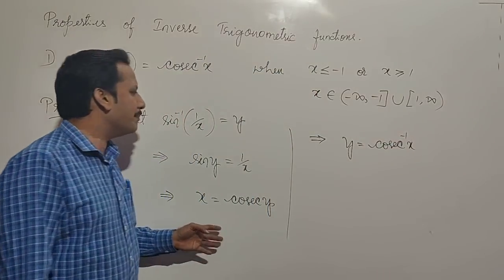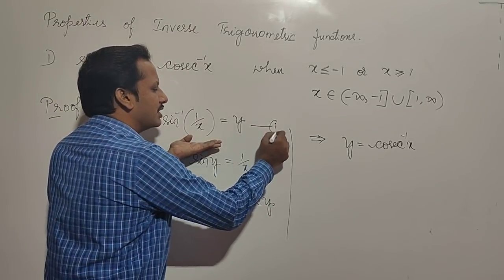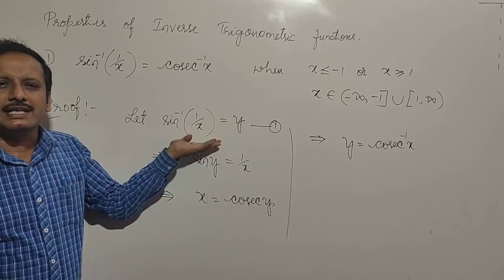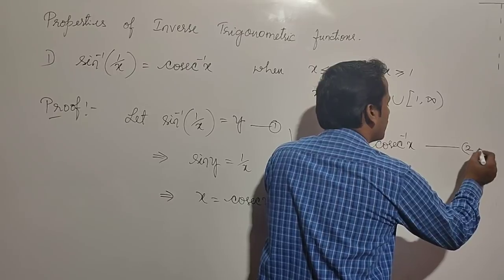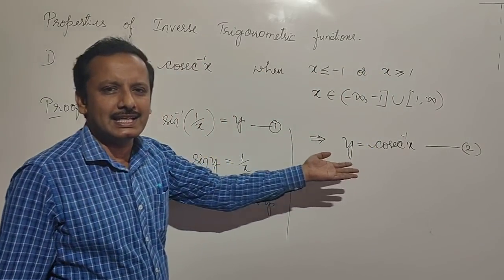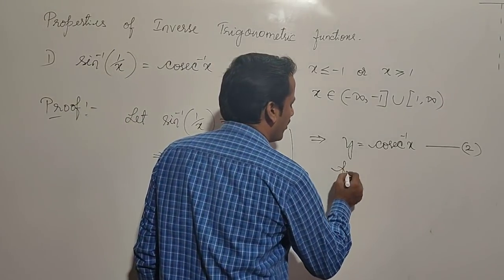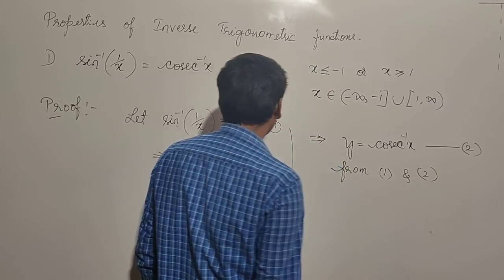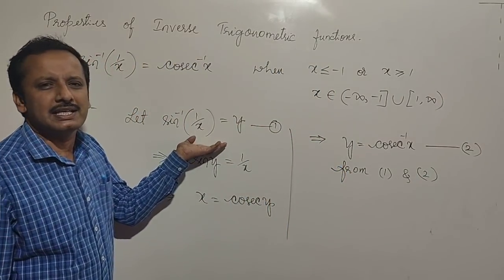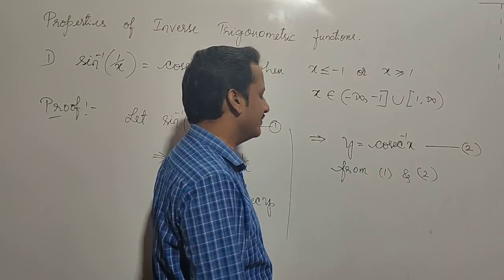Now we compare these two equations. Look at this equation, I'll call this equation 1: sine inverse of 1 by x is equal to y. And now you come to this equation: y is equal to cosecant inverse x. I will take that as the second equation. From equations 1 and 2, we can write sine inverse of 1 by x is equal to y, and y is equal to cosecant inverse x.